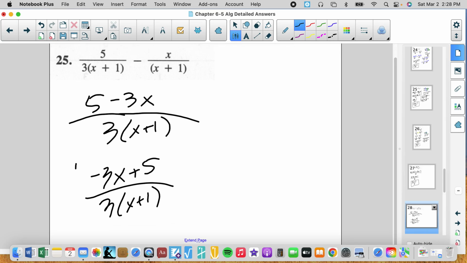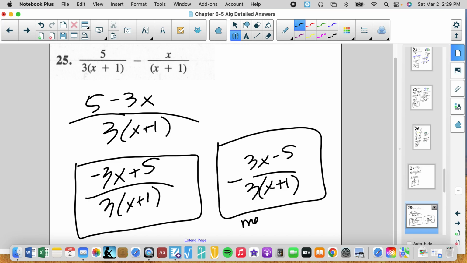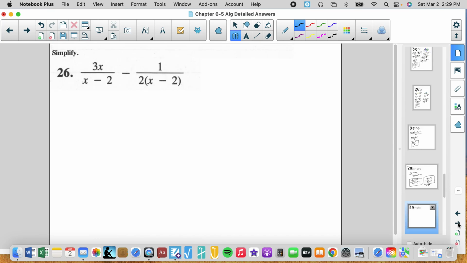You might see it like that. You could see it as 3x minus 5, because we factor out the negative, and 3 times x plus 1. You could have thrown the negative down there. There's a whole bunch of different answers, maybe. You could have thrown the negative down to the 3. There's lots of different answers.